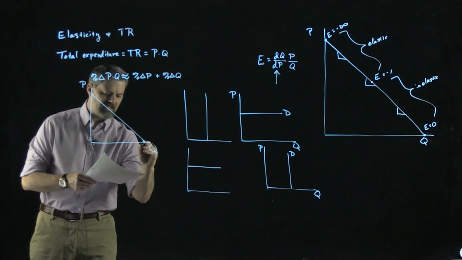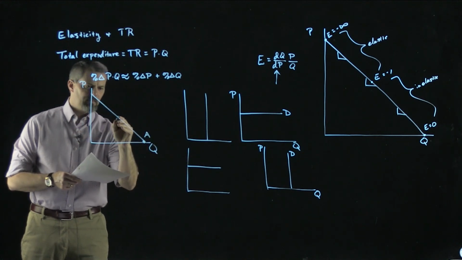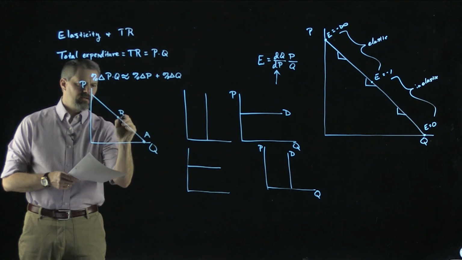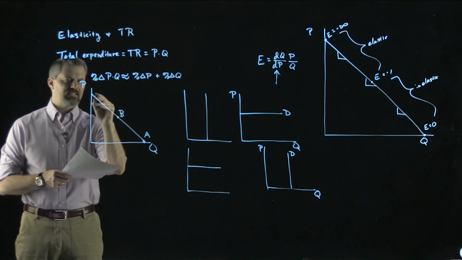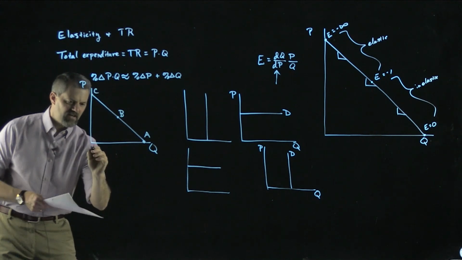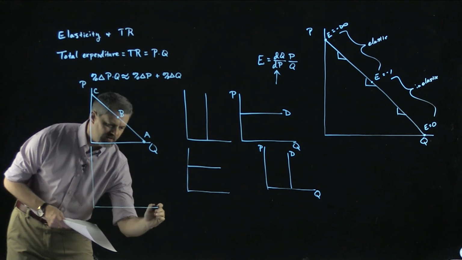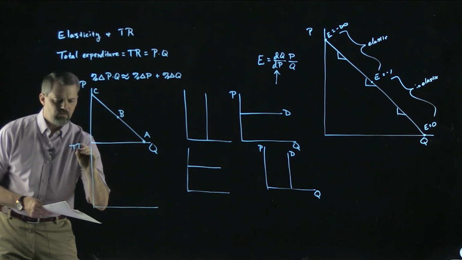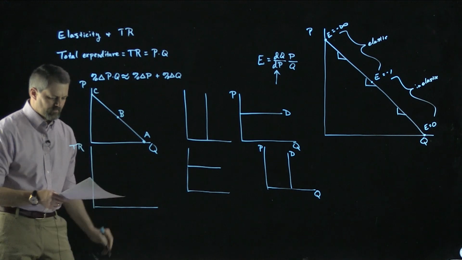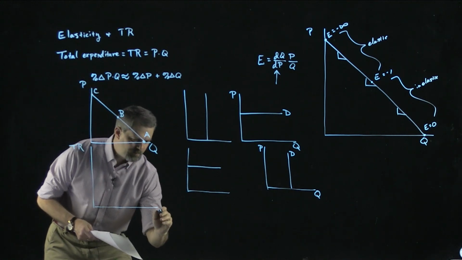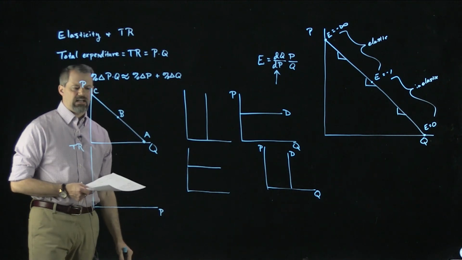I'm going to put some points down here like A, a point here, B, and another point, C. And then down here, I'm going to put total revenue or expenditure, and I'm going to put P on my horizontal axis.